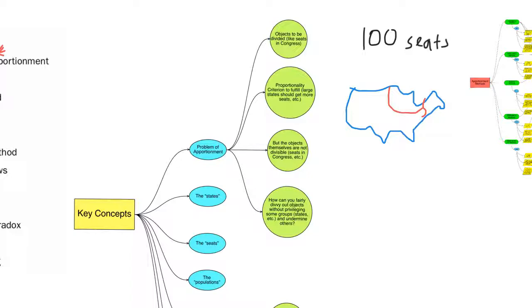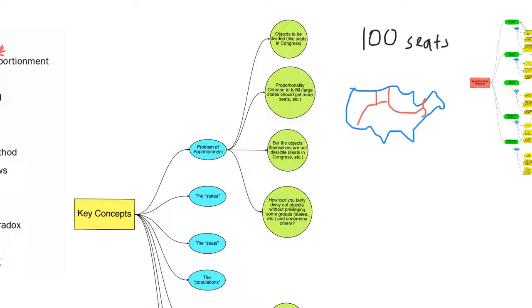So that's 1, 2, 3, 4, 5, right? And there's 100 seats in Congress, but this state only has 1,000 people. This state has 5,000 people. This state has 10,000 people, and so on. So there's a different population for each of the states.